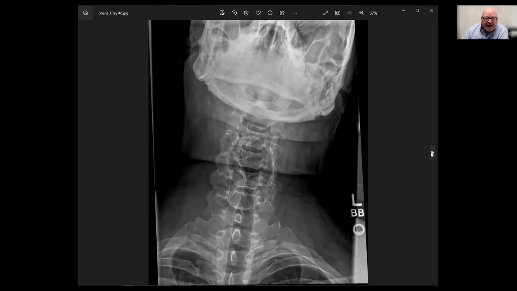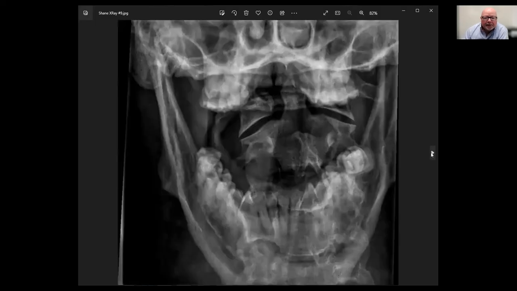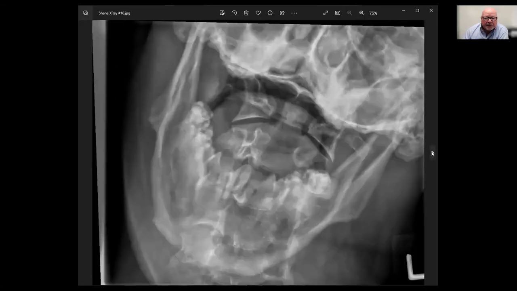So let's see how this adds up a little bit. Now we're going to look at the APOM. With the APOM, we're obviously looking for if it's translated off to the side or not. And then we go to the right lateral, and it definitely does to the left.